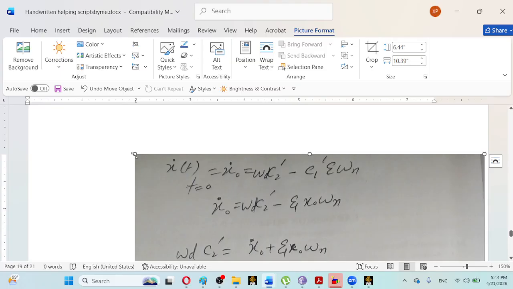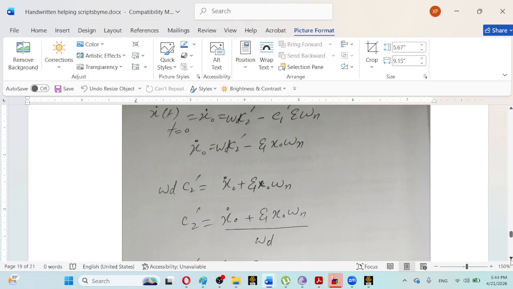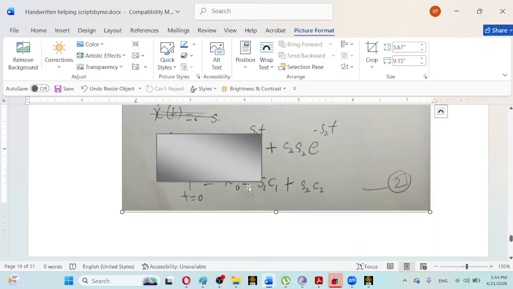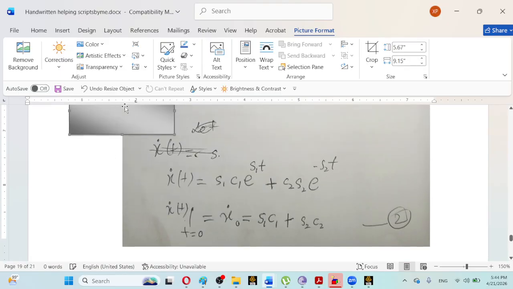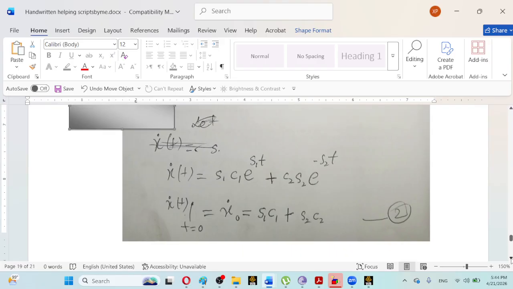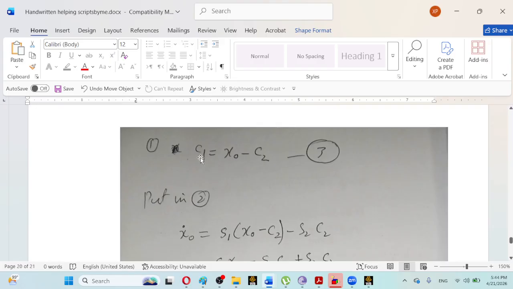So when we put time 0, this will become, because e^(s1 t) will be equal to 1, s1 c1 plus s2 c2, and after that from equation 1 we are familiar that c1 is equal to x naught minus c2.